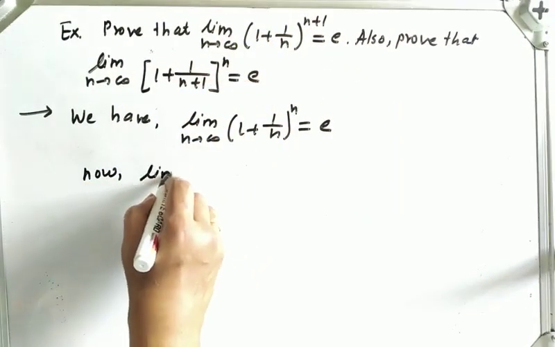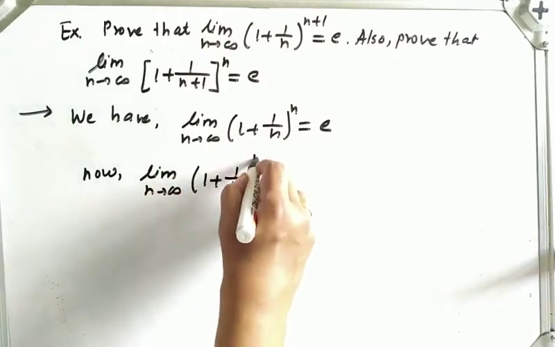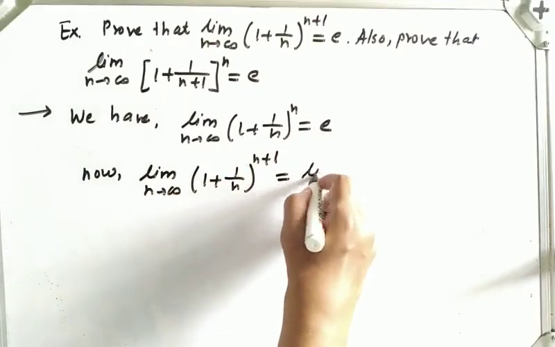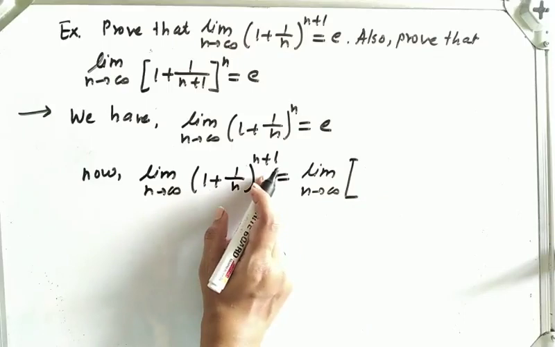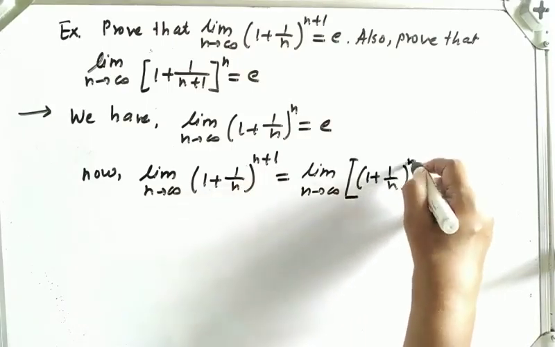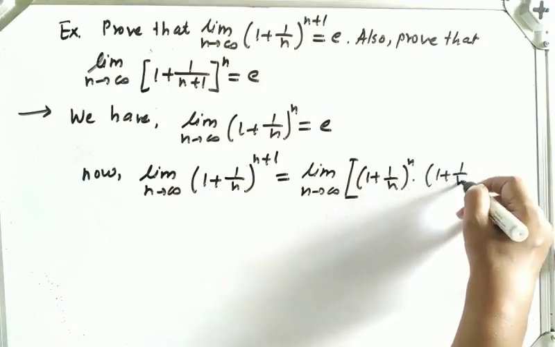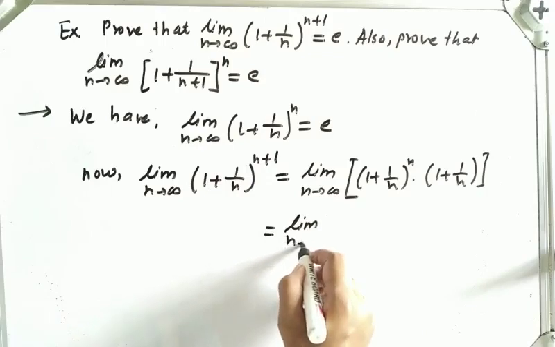Now limit n tends to infinity (1 plus 1 upon n) raised to n plus 1. So this can be written as limit n tends to infinity, in bracket, this is power n plus 1, we can split it, we can write it as (1 plus 1 upon n) raised to n into (1 plus 1 upon n). So after applying limit we can apply limit separately.